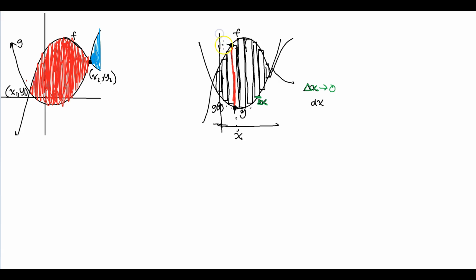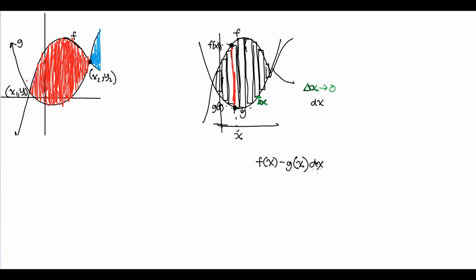And right over here is f of x. So at a particular x value, the height of our rectangle will be f of x minus g of x. Okay? So the area of one rectangle is f of x minus g of x times dx.